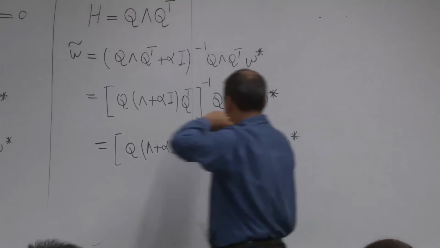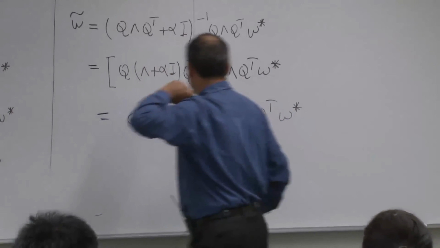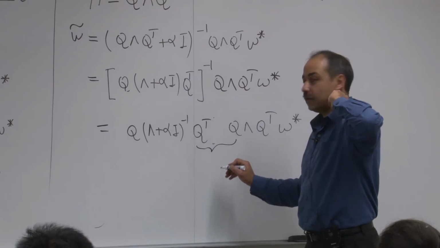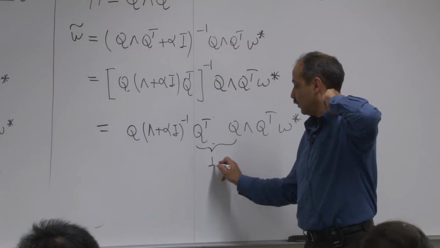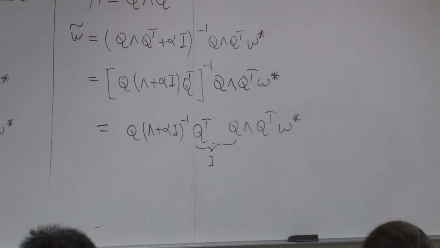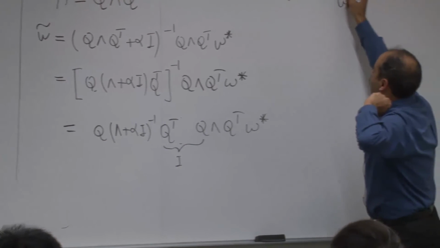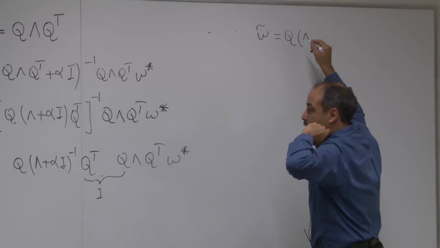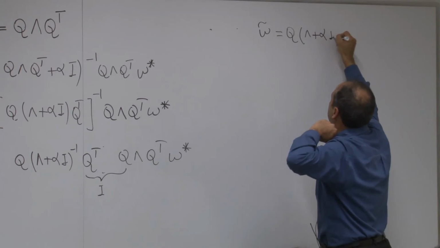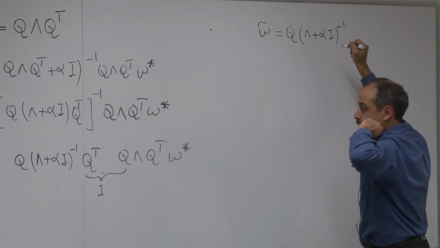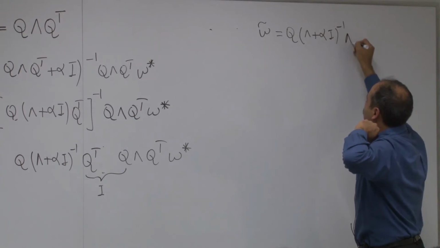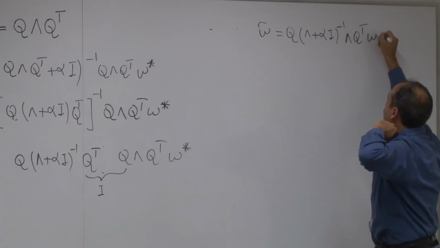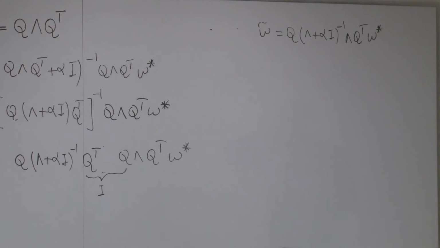Then I can take this bracket out. I have Q transpose Q here, which is identity. So W tilde is Q, lambda plus alpha I inverse, lambda Q transpose W star.